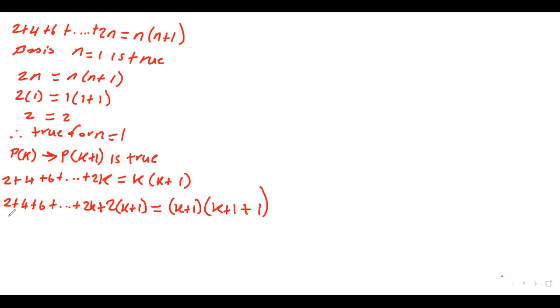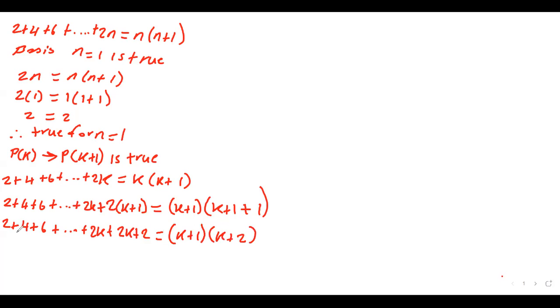All right, so that leaves us now with 2 plus 4 plus 6 plus 2k. And if we were to expand this, we would have 2 into k plus 1. That's plus 2k plus 2 equal to k plus 1 into k plus 2.